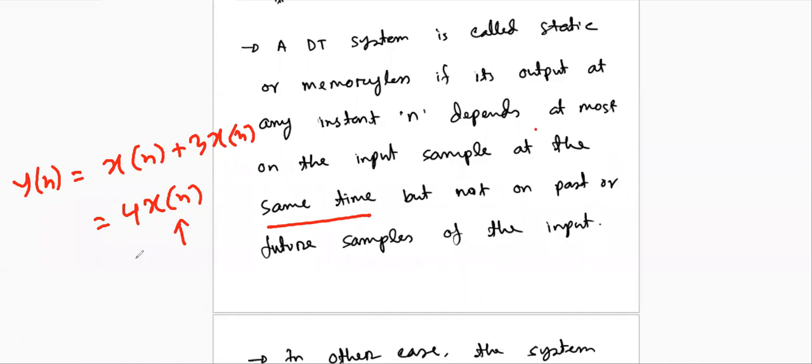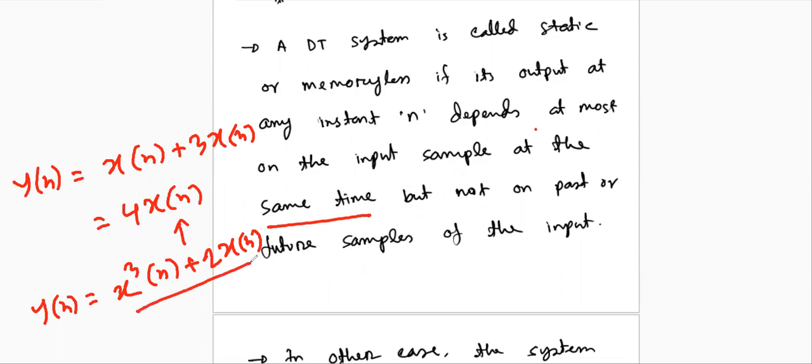So this is a static system. Another example, y(n) equals, let's say, x cubed(n). This is also x cubed(n) plus twice x(n). This is a static system because it only depends on the present input. Whatever value you put for n, say n equals 0, you are having the present input value.